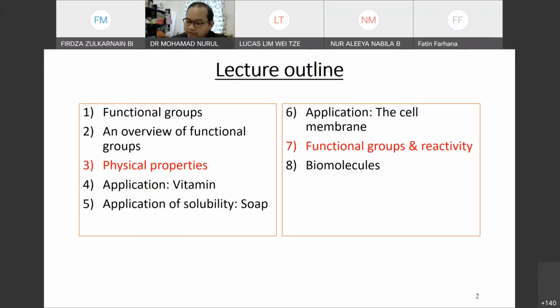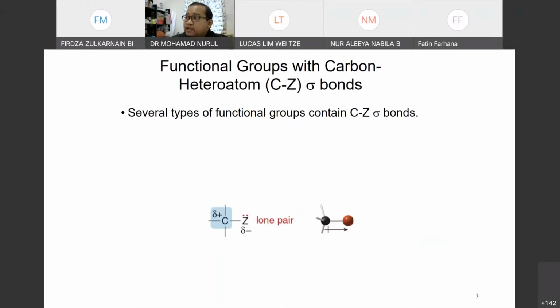So if we talk about functional groups with carbon and heteroatoms, there are several functional groups that contain C-heteroatom sigma bonds. This one is the heteroatom and this one is carbon, and they have a difference in polarity.